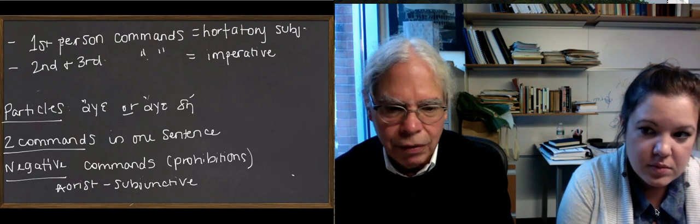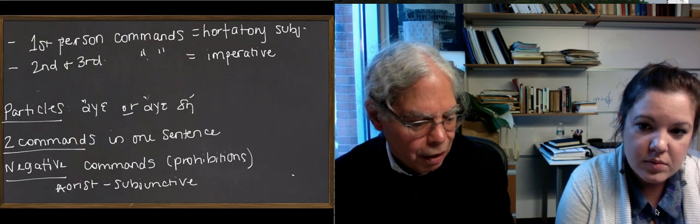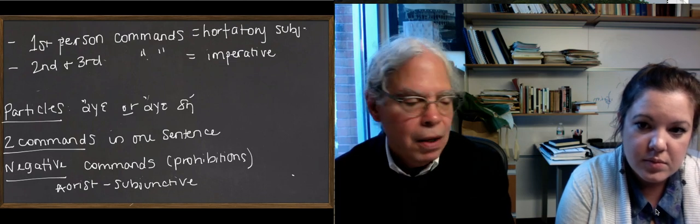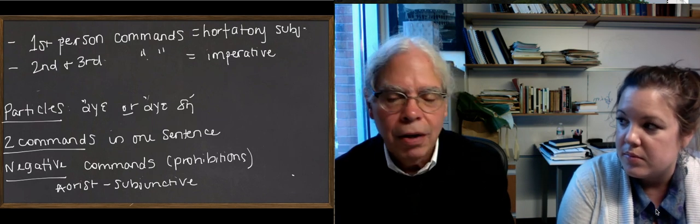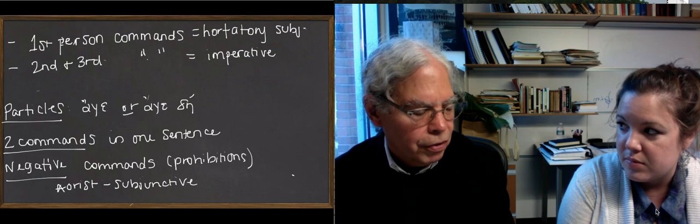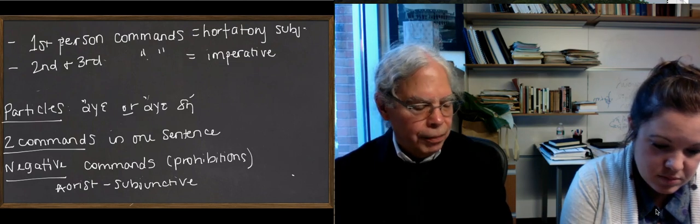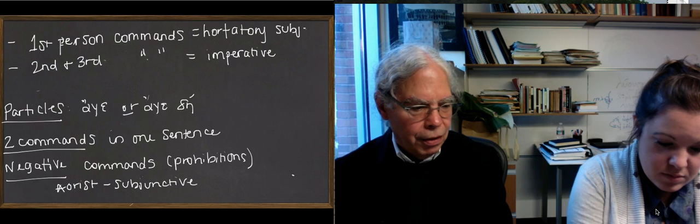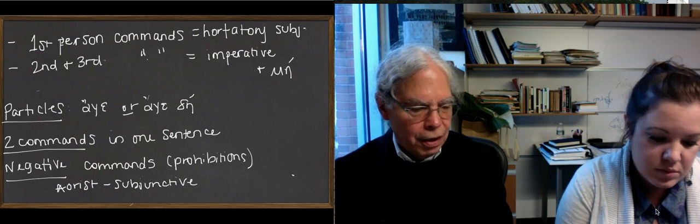In the singular, however, you use the hortatory subjunctive with me for the first person singular, but the regular imperative forms that we just talked about with me in the singular for the second and the third person. So everything, in the way of negative commands, is me with the subjunctive except for the second and third person singular, okay?